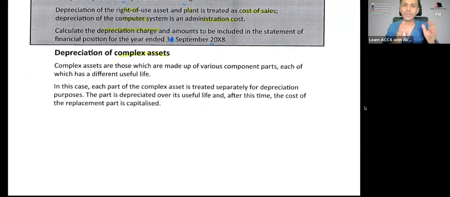If you take some broader components, like the engine, the body of the aircraft, the exterior, and the interior cabins, each has its own useful life. The engine has the shortest life because the engine is the main thing on the basis of which it flies in the air. So it tends to have a very short life, probably 3 years maximum. After that, they have to come and replace it.